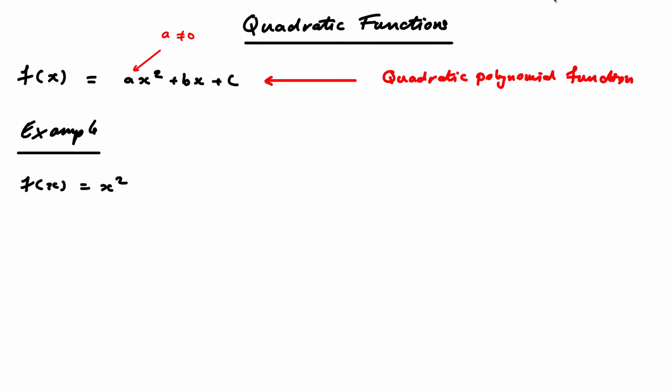So this is a quadratic equation, of course, because it's degree 2. I remember it's a quadratic polynomial function, so this means degree 2. So this is a quadratic equation with a equal to 1, b equal to 0, and c equal to 0. So the graph of this is something we've seen quite a few times now.